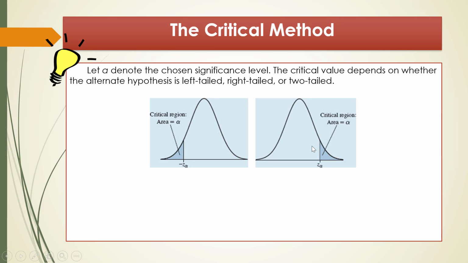Similarly for the right-tailed, we also define a critical value, and for right-tailed it is z alpha. The area to the right of z alpha is the critical region, and the area to the left is the acceptance region. So for the left tail, we choose minus z alpha as the critical value; for the right tail, we choose z alpha.